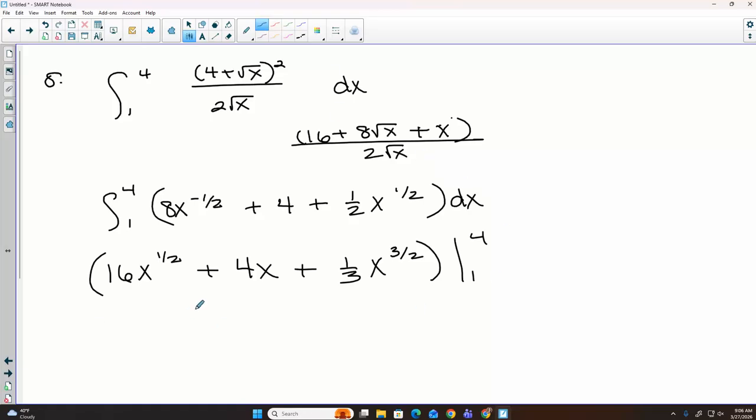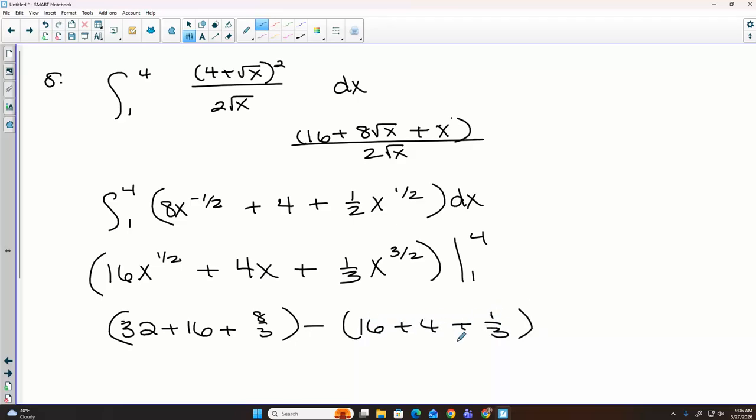Then if we just evaluate, this is like 16 times the square root of 4, so 16 times 2 is 32, plus 16. Square root of 4 is 2, cubed is 8. Put in a 1, square root of 1 is 1, so we get 16 plus 4 plus 1/3.